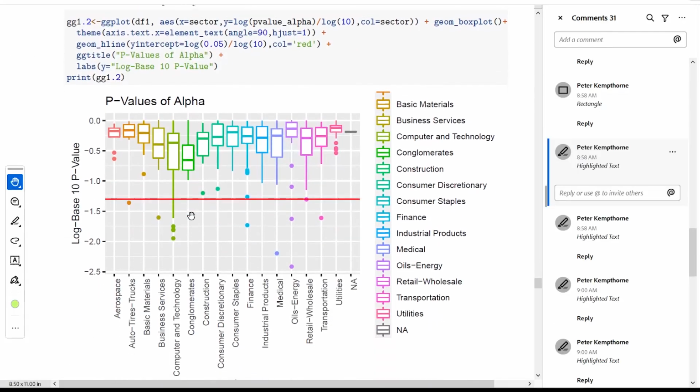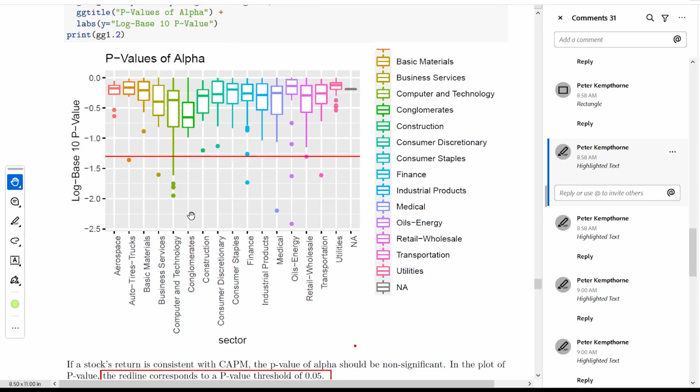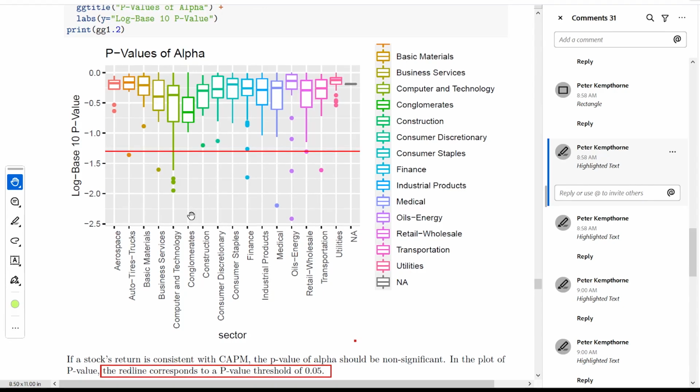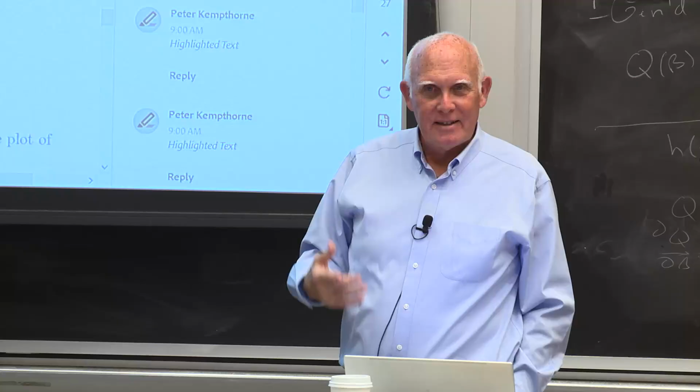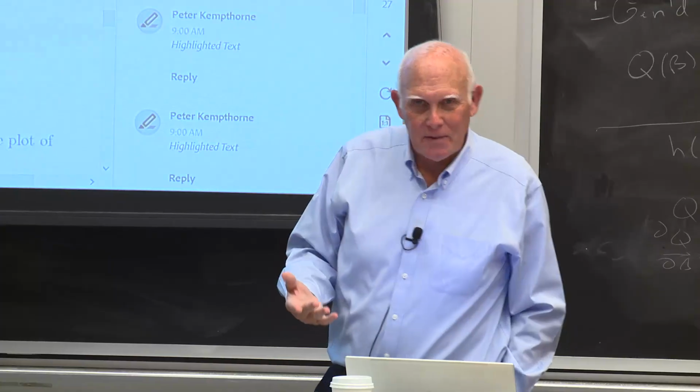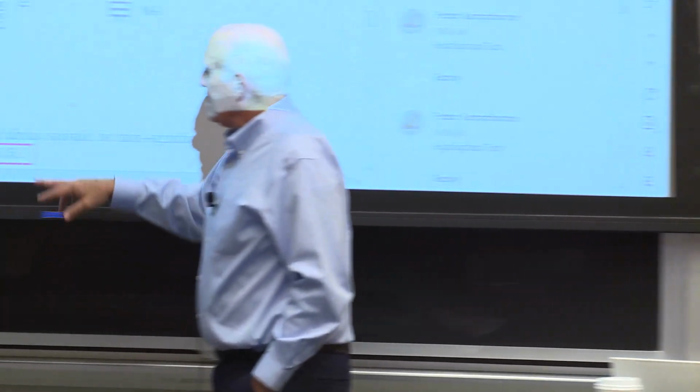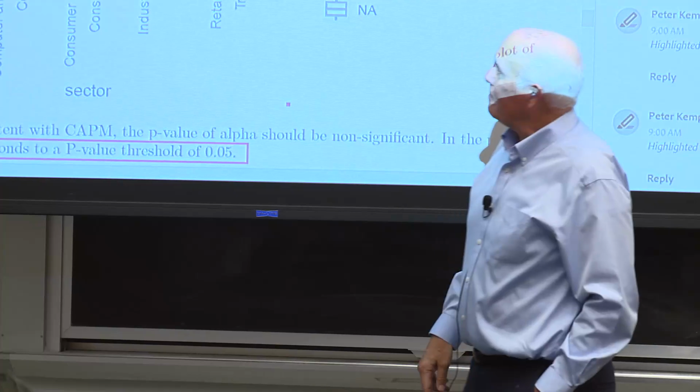And we can calculate the p-values for testing whether the alphas are consistent with 0 or not. This graph shows how the p-values for almost all the stocks exceed the threshold of 0.05. If we can't reject the null hypothesis of alpha equaling 0, the p-value is above 0.05.